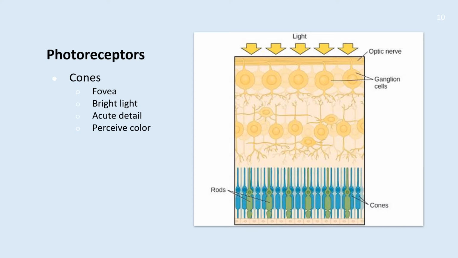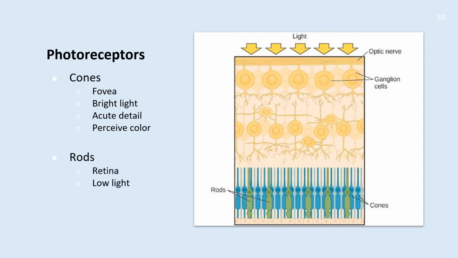Now, while cones are concentrated in the fovea, where images tend to be focused, rods, which are another type of photoreceptor, are located throughout the remainder of the retina. And they are specialized photoreceptor cells that also respond to light, but they work really well in low light conditions.